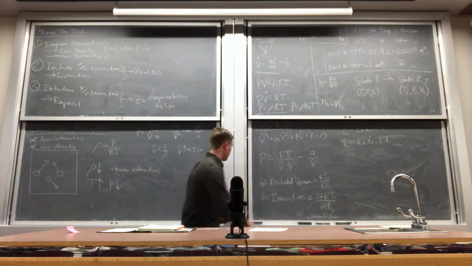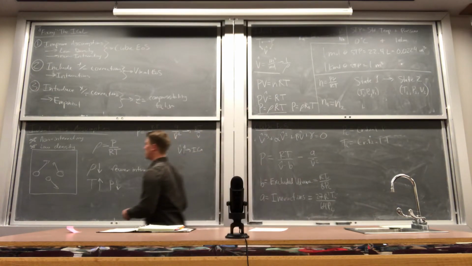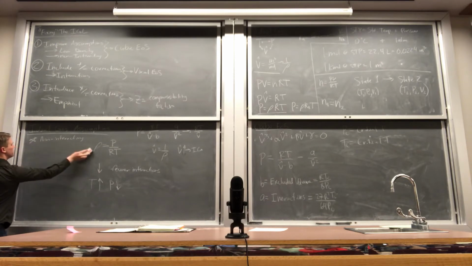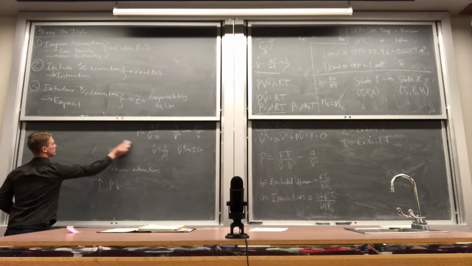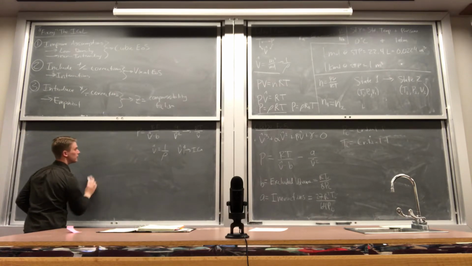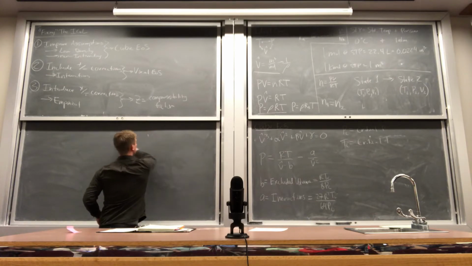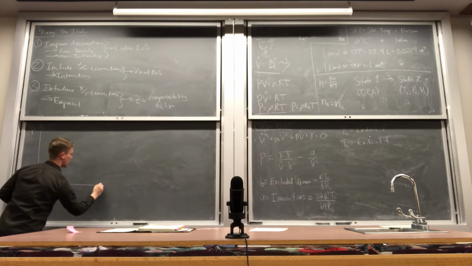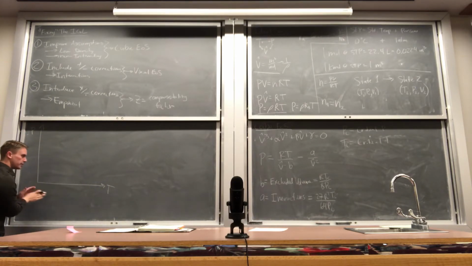So the critical point is best visualized by looking at a phase diagram. A phase diagram, typically we draw what they call a PT diagram. Temperature's increasing this way, pressure's increasing this way.